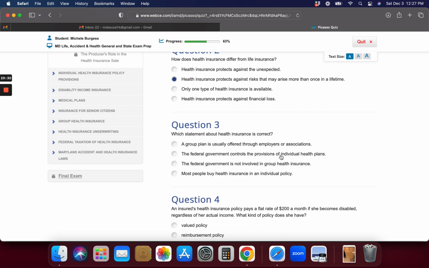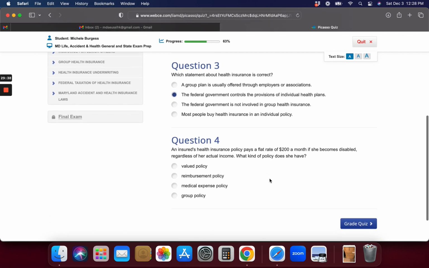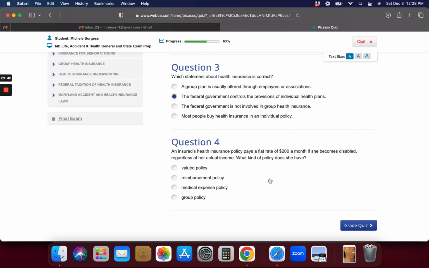The federal government controls provisions. Most people buy health insurance in an individual policy. A group plan is offered through employers. An insured health insurance policy pays a flat rate of $200 a month if she becomes disabled, regardless of income. What policy does she have?